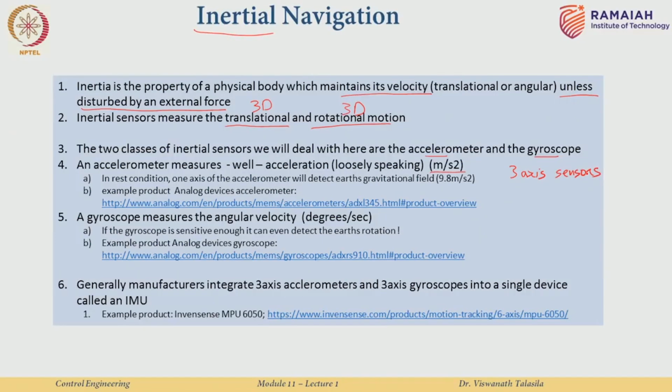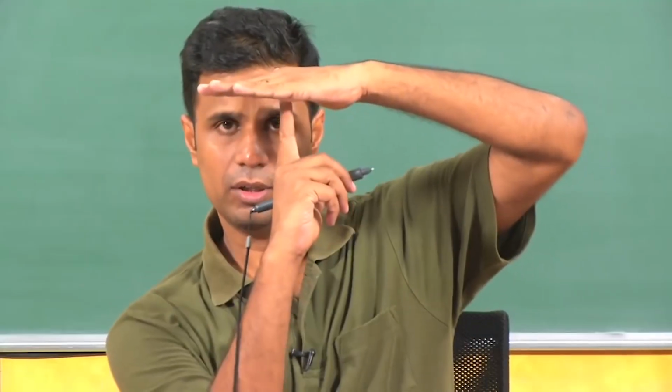3-axis basically means that because we live in a 3-dimensional world, we have motion along an axis, we can call it x-axis. We have a motion perpendicular to the x-axis called the y-axis, so that is in a plane. And then perpendicular to the plane we have the z-axis.